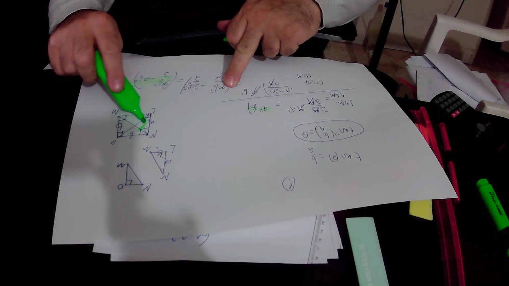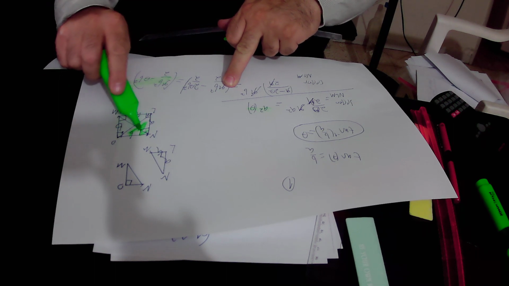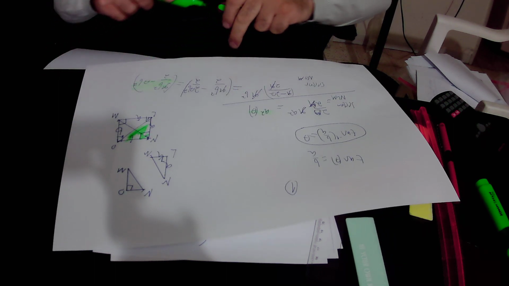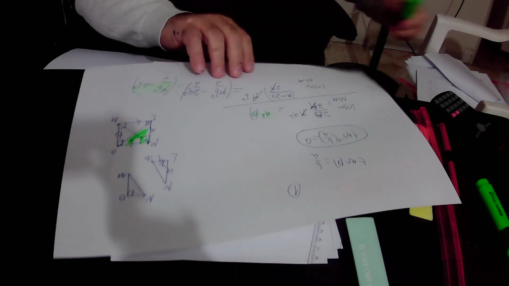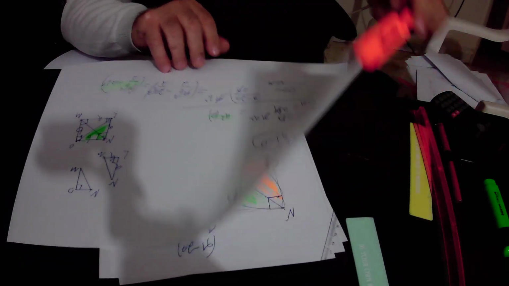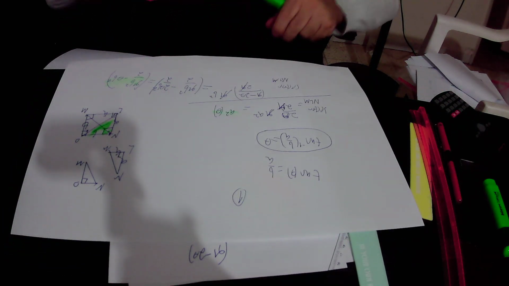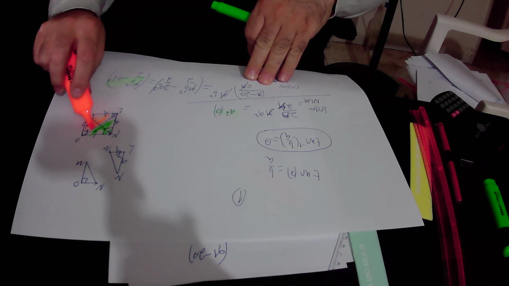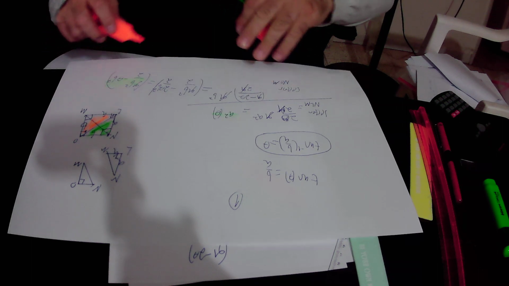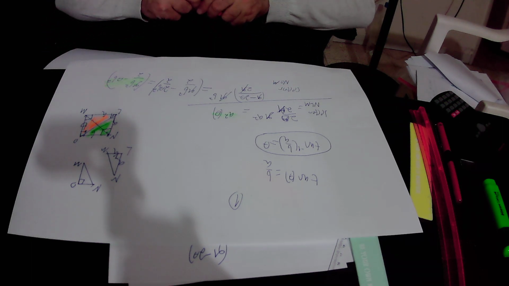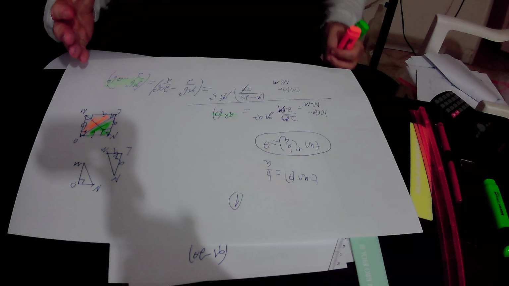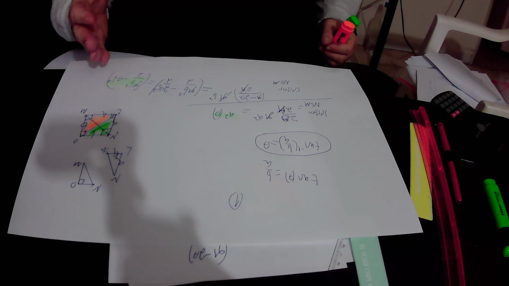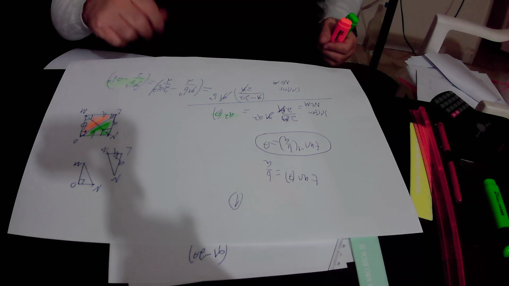So this is the first right triangle, and this is the second right triangle. So we'll calculate the area of the two right triangles and add them together, and in this way we have the area of this quadrilateral, which equals the sum of the areas of the two triangles.